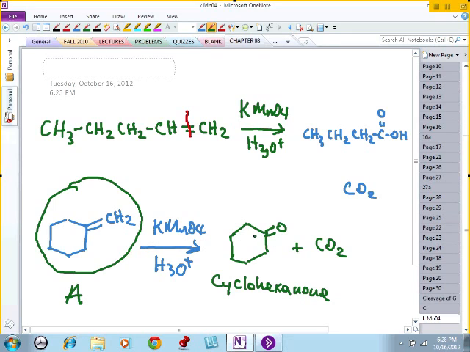Okay, now, so far we have two methods for cleaving or splitting a carbon-carbon double bond. Now I will give you the third method.